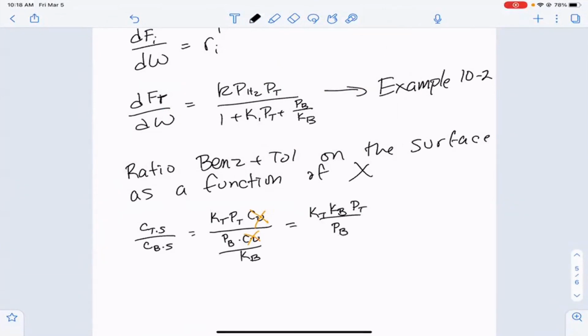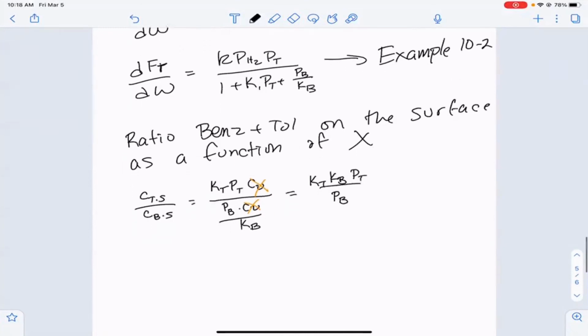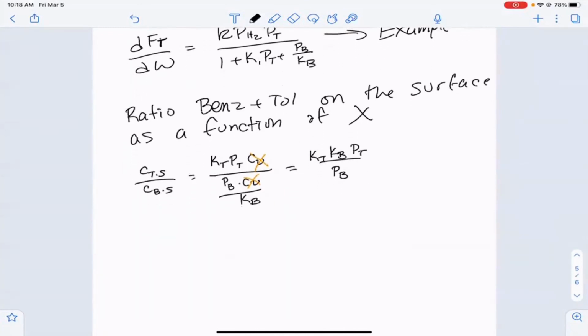And we actually know, if the temperature is constant and the total pressure is constant, that in this particular reaction, it's like A plus B goes to C plus D. So delta N is equal to 0. And if that's the case, remember that CA would just equal CA0 times 1 minus the conversion. In this case, we could make that simplification, which also means that the pressure of toluene just equals the initial pressure times 1 minus the conversion.